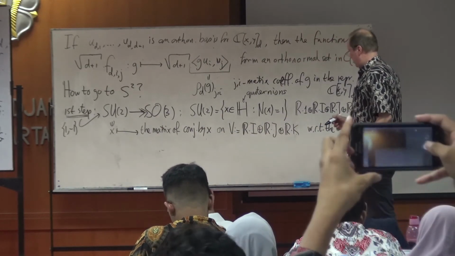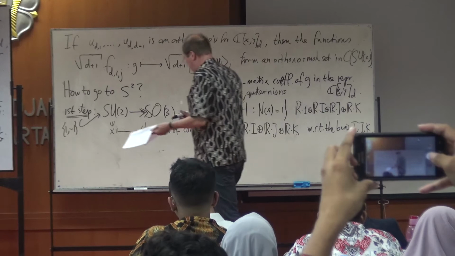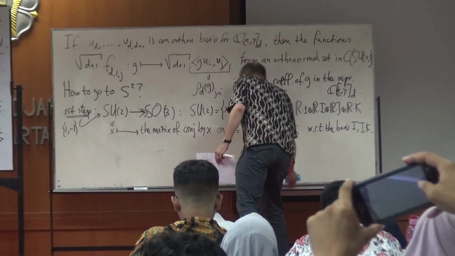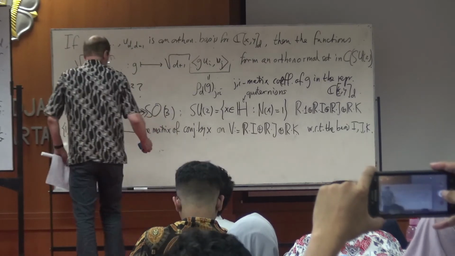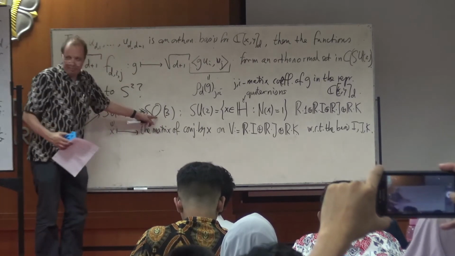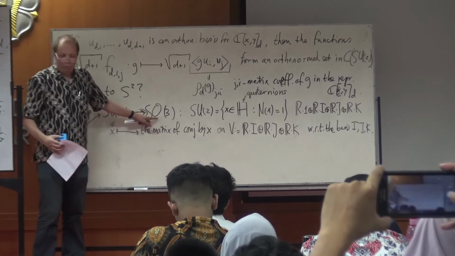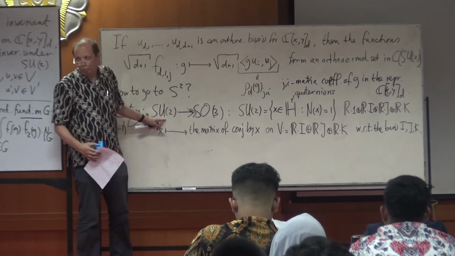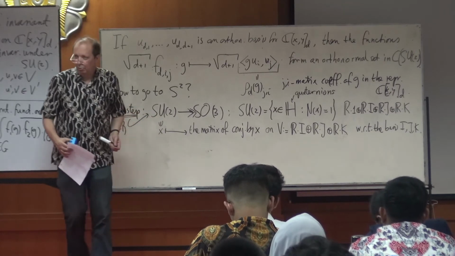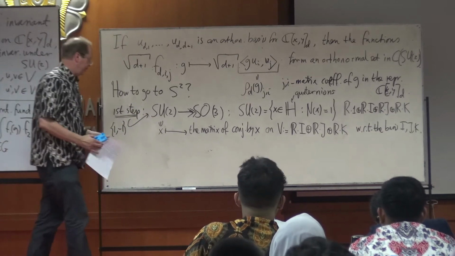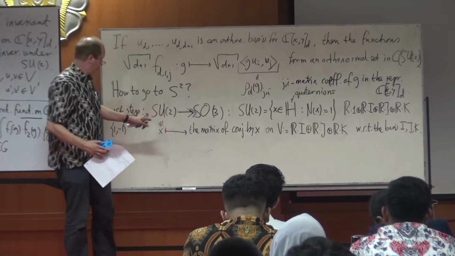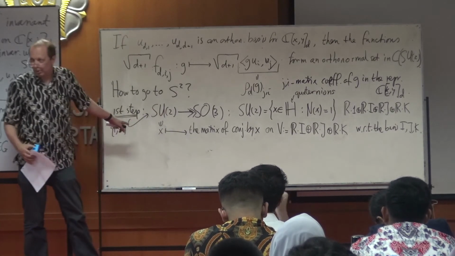Okay? And the representations of SO3, we get them for free now, because if you have any representation of SO3, you can compose with this map and you get a representation of SU2. So the only thing we have to do is to find out which irreducible representations of SU2 are trivial on the element -1.